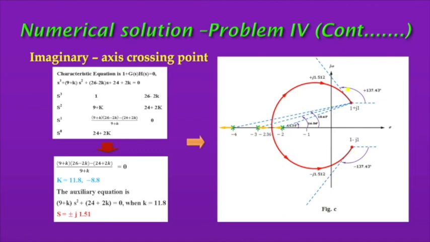If k equals 11.8, then the system is marginally stable. If greater than 11.8, the system is unstable. If below 11.8, then the system is stable.